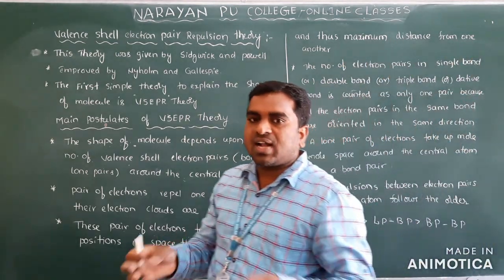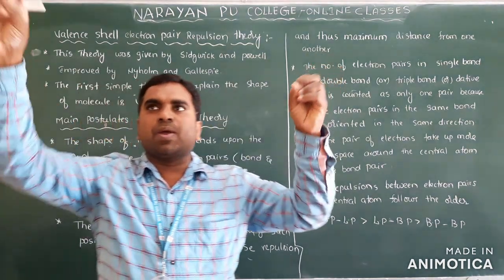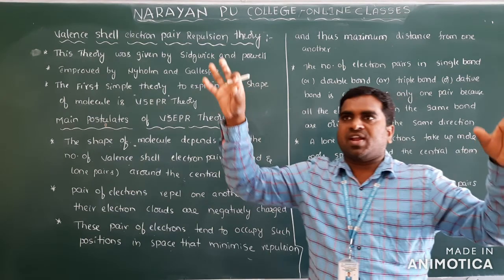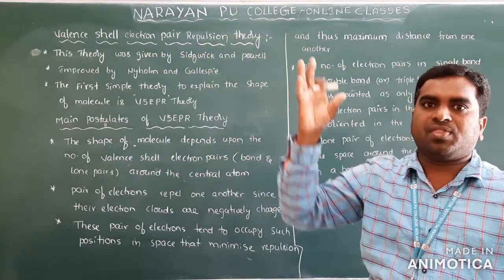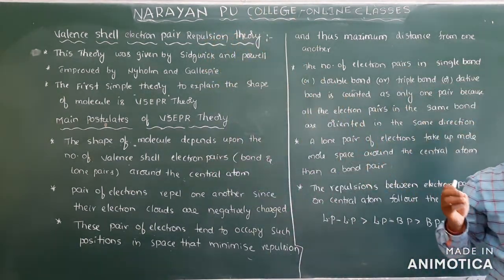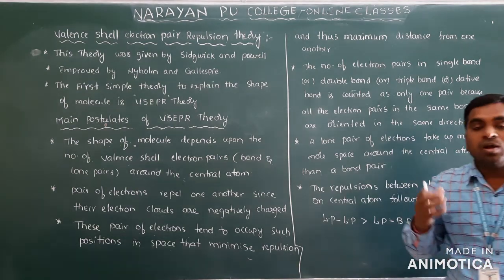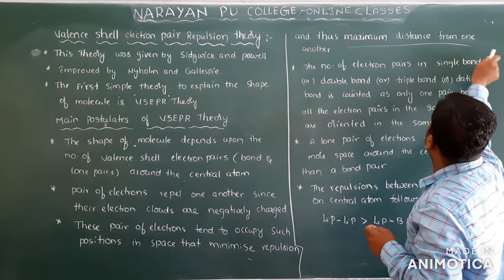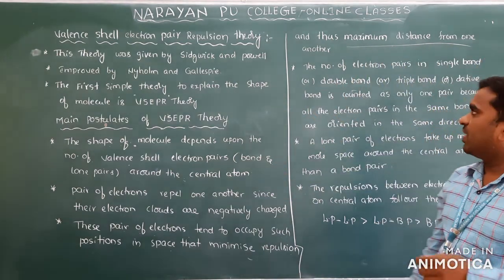So these pairs of electrons move away from each other and occupy definite positions in space. Clear? Why are they moving? To minimize the energy. Clear? They move to the maximum distance from one another.